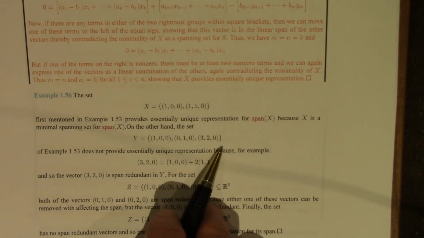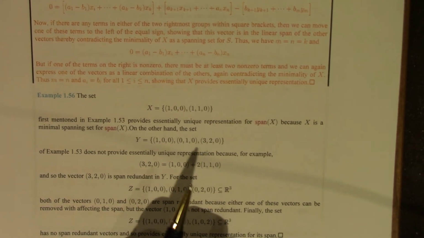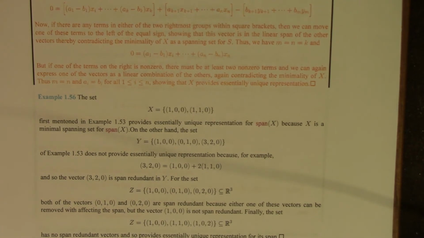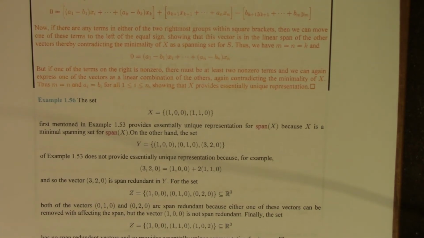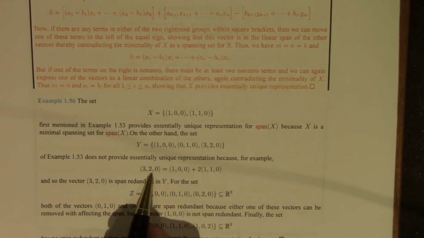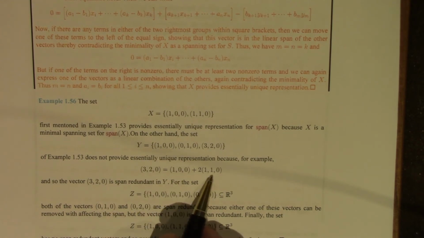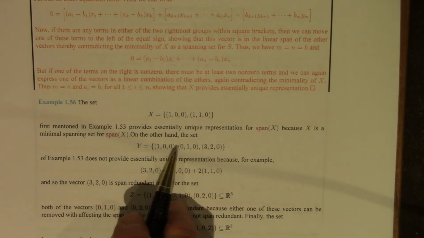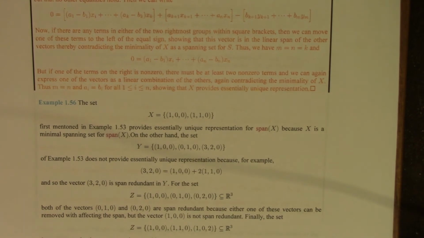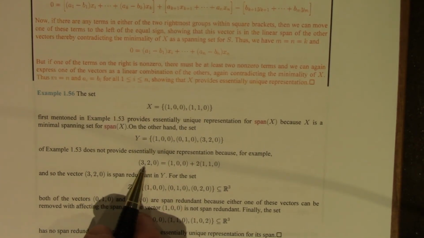This set of vectors, even though it's bigger, 3 vectors, does not provide essentially unique representation. And here's an example. This vector is represented by itself because it's in Y, but it's also represented by this linear combination of these two vectors from Y. This third vector is span redundant.